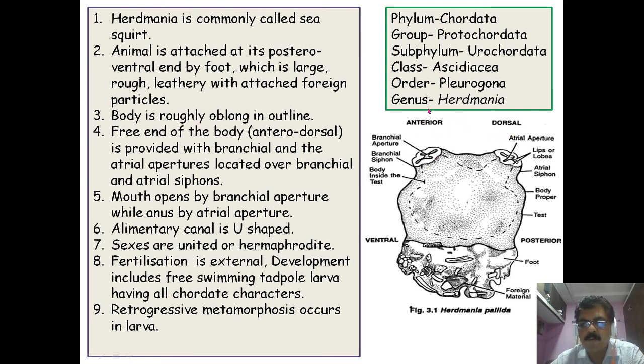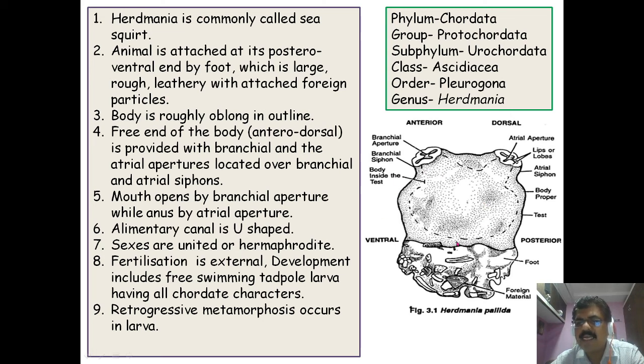At the anterior position, it has one opening called the branchial aperture, and on the dorsal side it has another opening called the atrial aperture. The water comes through the branchial aperture, which is nothing but a mouth, into the body, and then it leaves the body through the atrial aperture. This is the body proper.